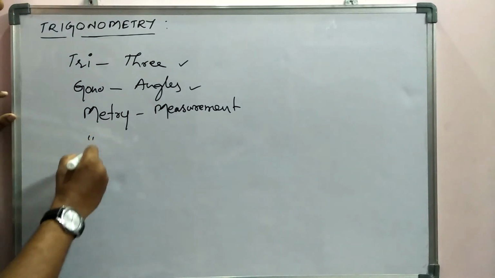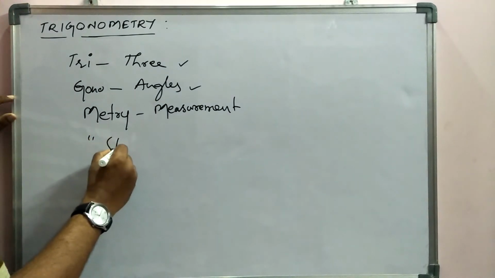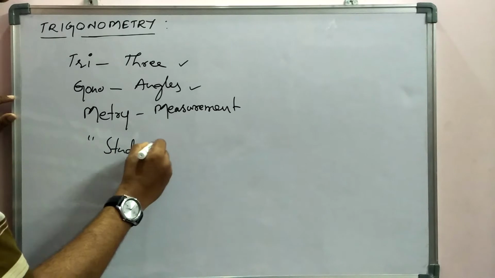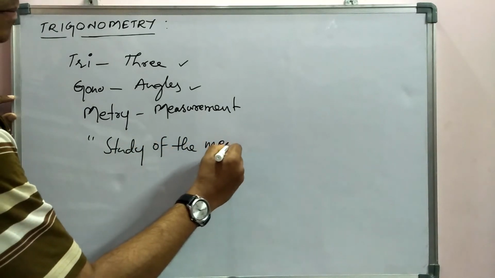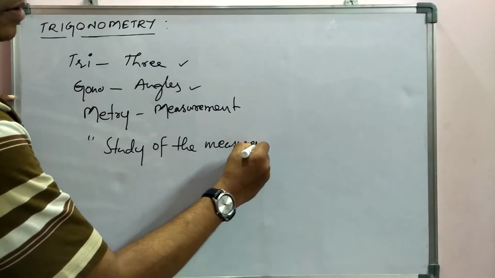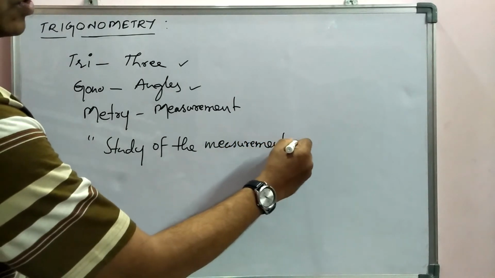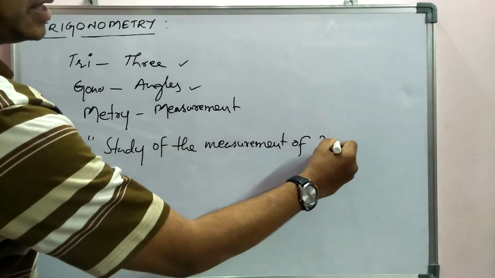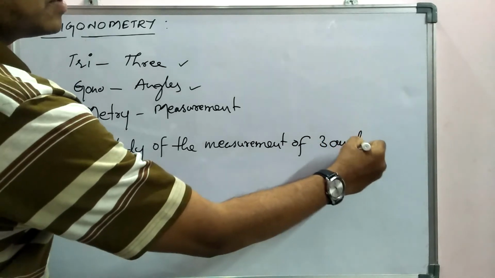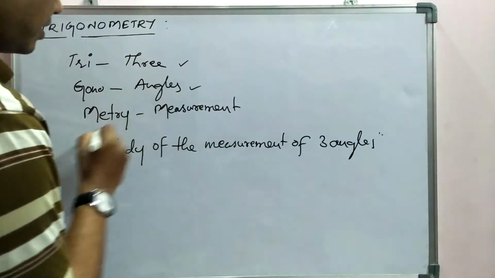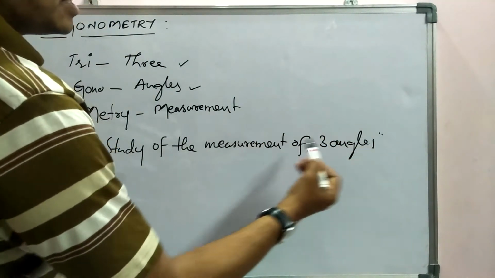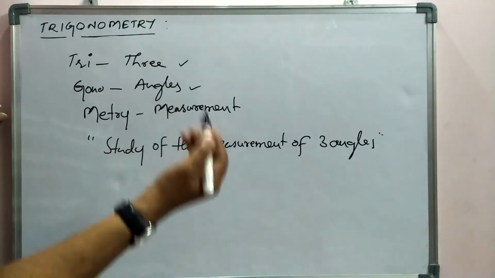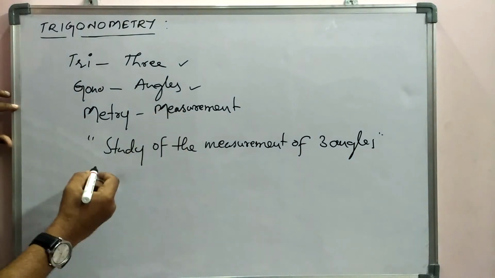So it is nothing but the study of the measurement of three angles. So the simple definition is trigonometry is nothing but the study of the measurement of the three angles.